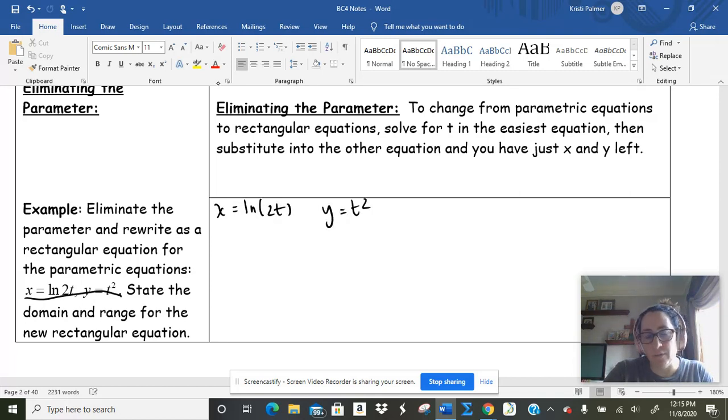And if I solve for t over here, I'm going to have plus or minus the square root of y. So we don't want to have two equations going on. So I'm going to go over to the x and solve for t. So that means I need to square both sides and then divide by 2. And now I'm going to go plug that into the t here.